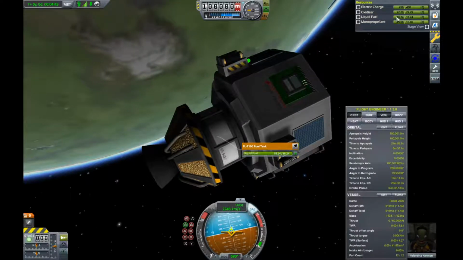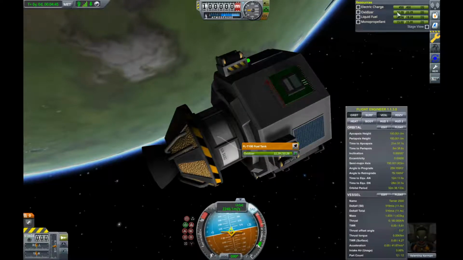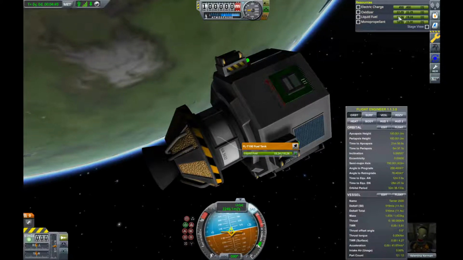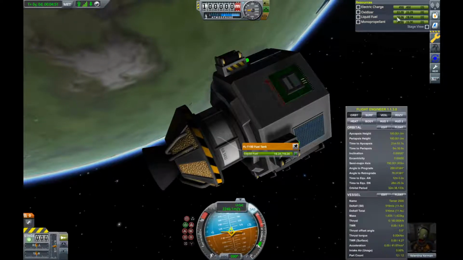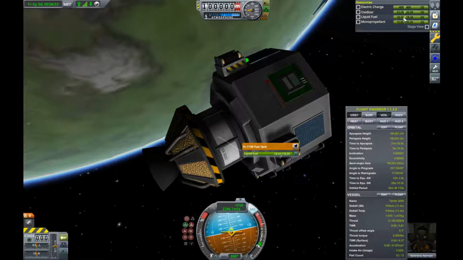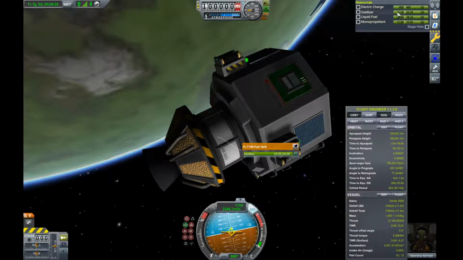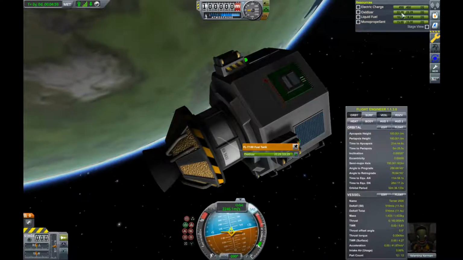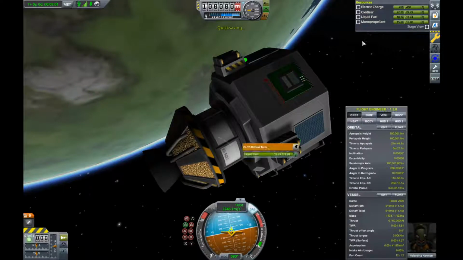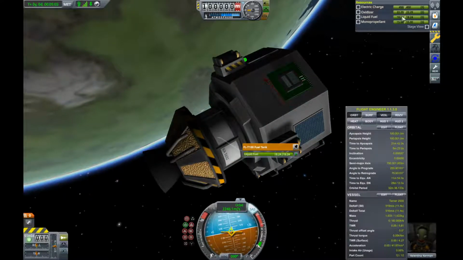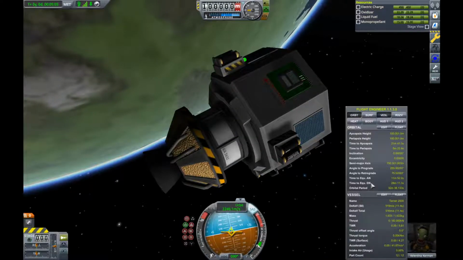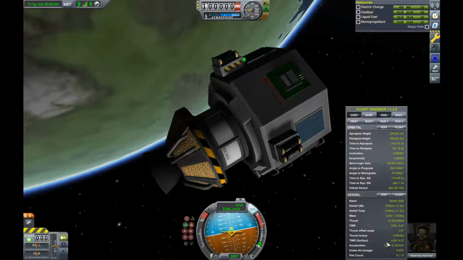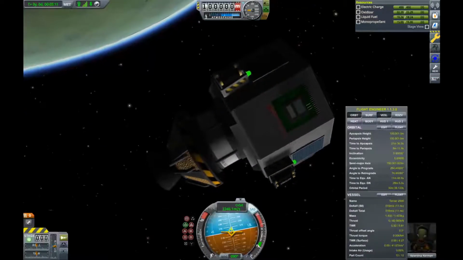It comes in the form of liquid fuel and oxidizer for most engines in the game. So we have 18.24 units of liquid fuel and 22.29 units of oxidizer on board right now, and those together will create that 516 meters per second of delta V for us.